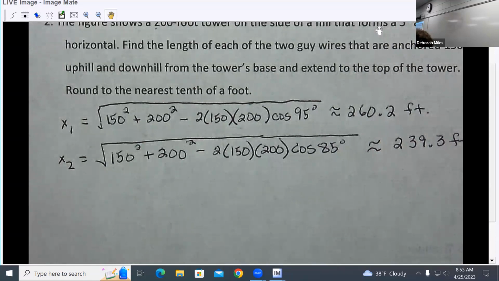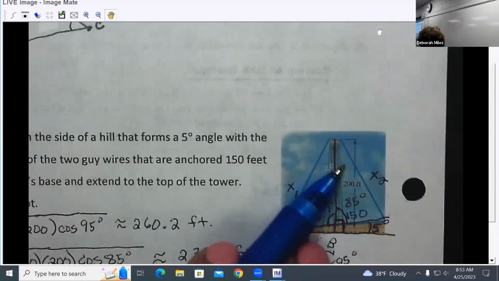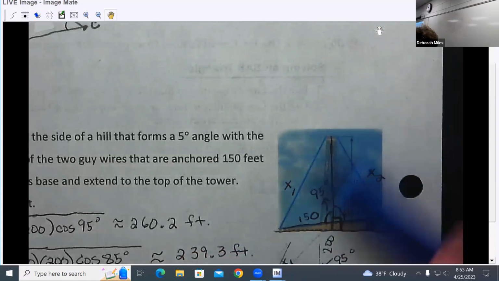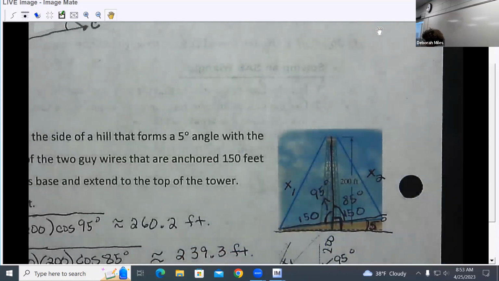Didn't we say X2 is gonna be shorter? No, it's shorter. It's a shorter distance to where the uphill anchor is attached to the ground than where the downhill anchor is attached to the ground.